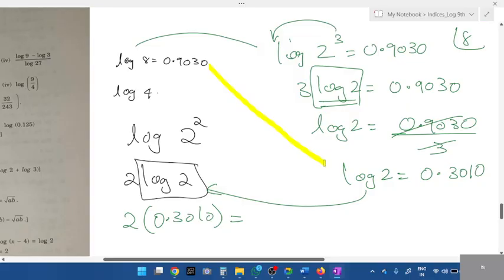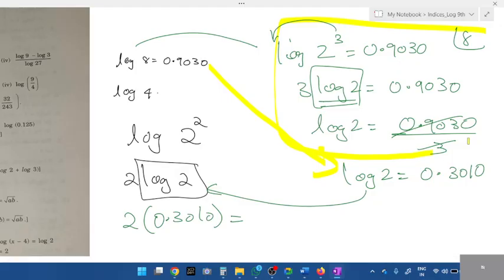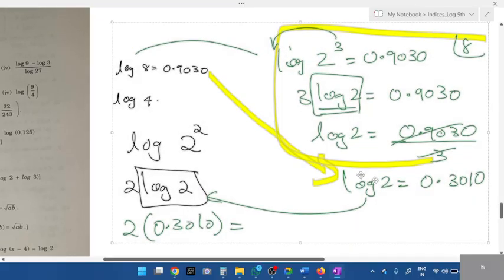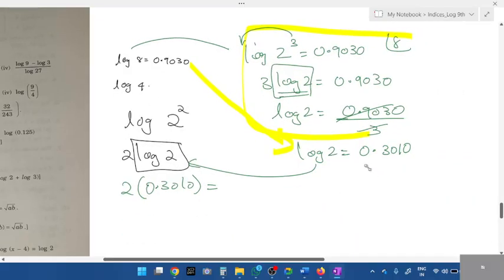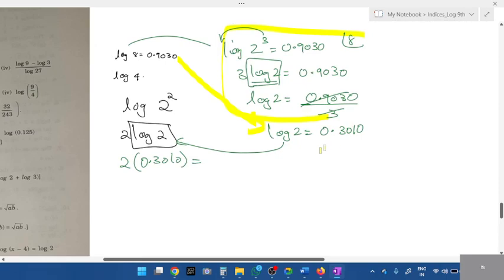Instead of giving this direct value, we need to solve this first. Okay, now we need this log 2. Keep log 2.